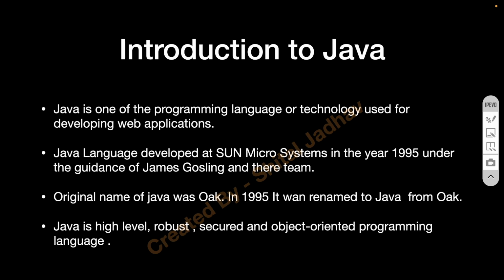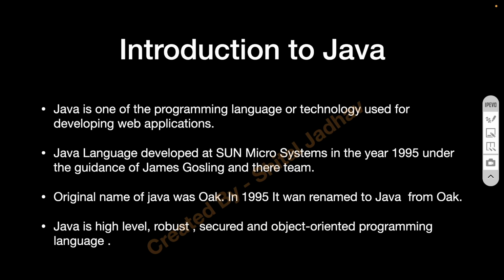So very first, let's just understand some introduction to the Java. Okay, so understand what is the Java, like what was the name we have for the Java language and who invented this language. Okay, so Java is one of the programming language or technology used for developing the web applications. Okay, Java language was developed at Sun Microsystems in the year 1995 under the guidance of James Gosling.